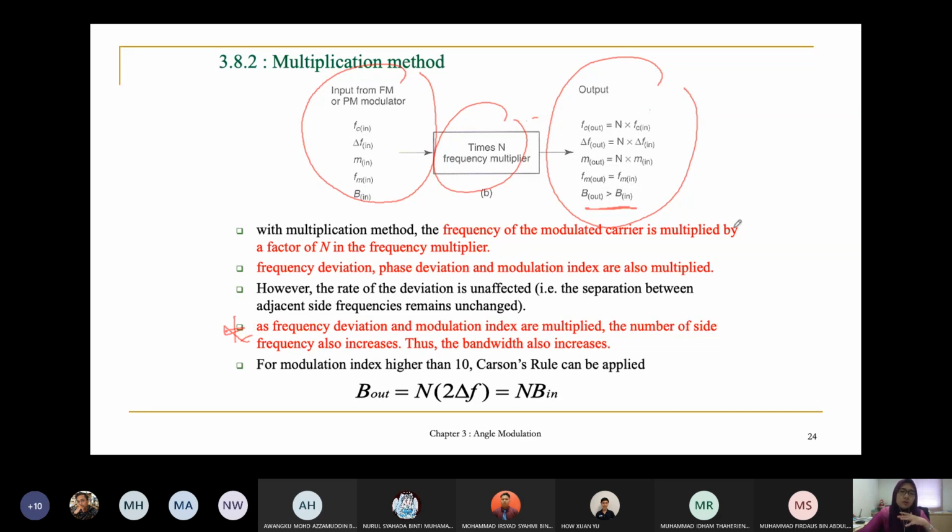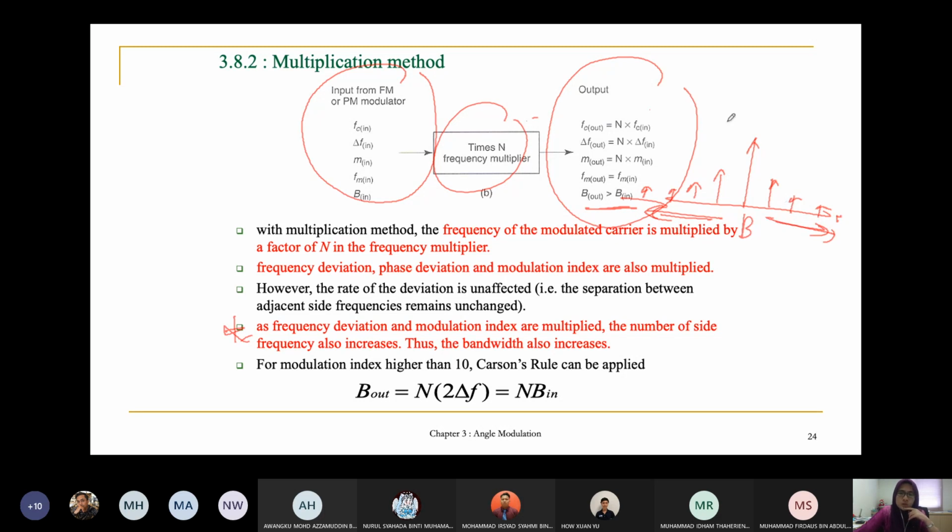Therefore, the bandwidth will also increase.